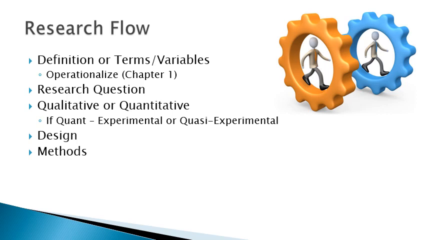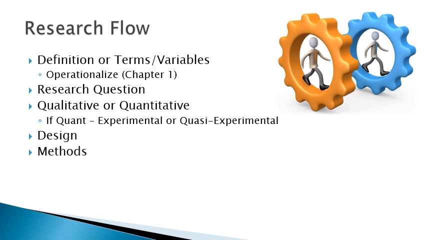So if we have an after-school program for children who are classified as obese, and I want to see if my after-school program is going to reduce obesity, one of the ways I might measure that is by weight. So the design might be I take their weight in the beginning and I take their weight at the end.